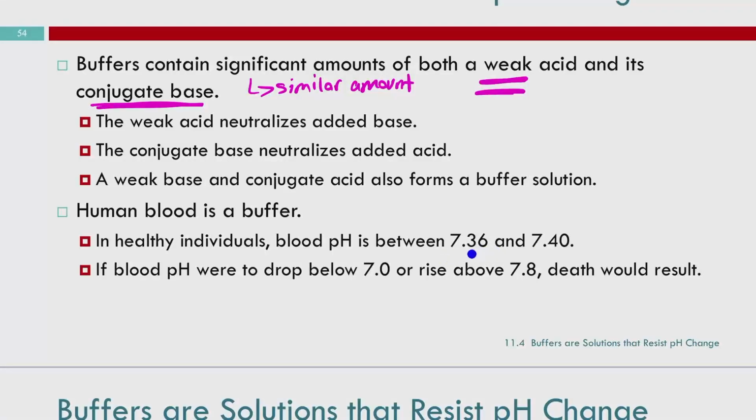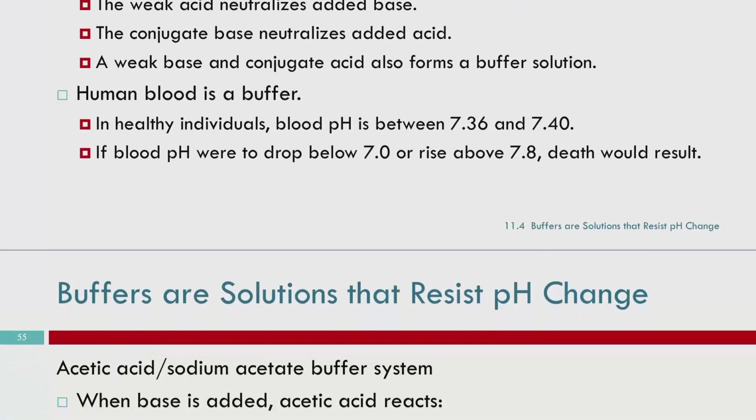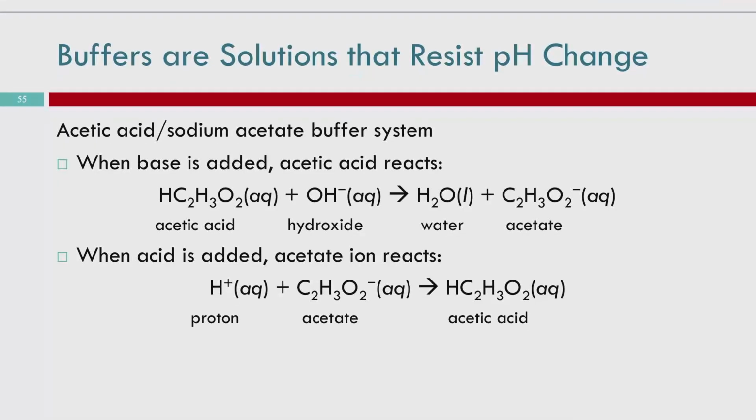It's usually 7.36 to 7.4. If it goes below 7, acidosis, I think. If it goes above 7.8, also bad, alkalosis, and you die. Because we have buffer in our blood, we can neutralize both acid and base.